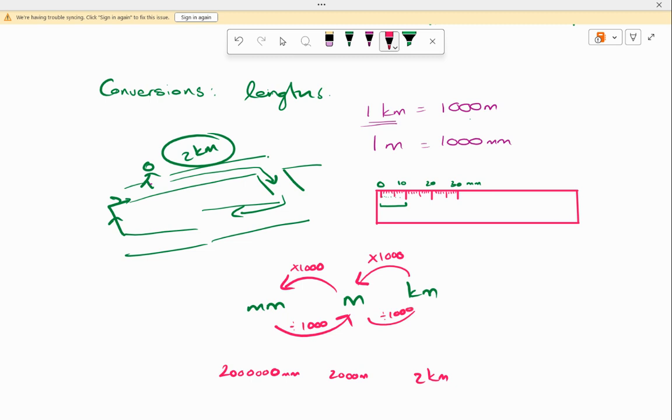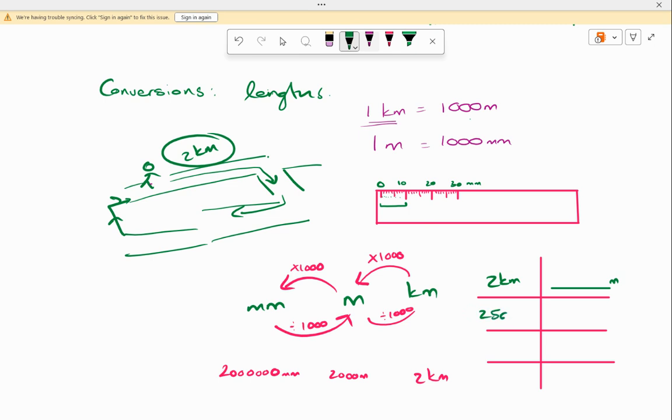Let's do 3 simple examples. Suppose I have 2 kilometers and I want to convert it into meters. If I've got 2,500 meters, I want to convert it into kilometers. And say I've got 3,000 millimeters, I want to convert it into meters.